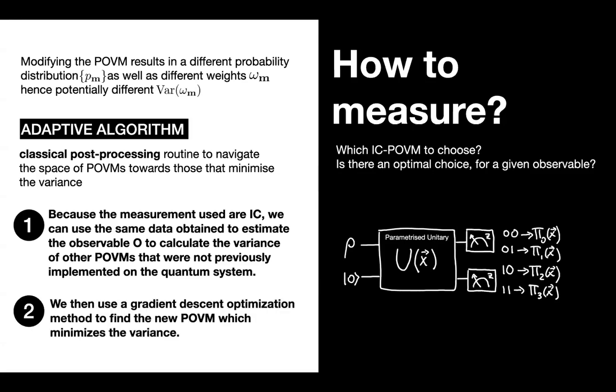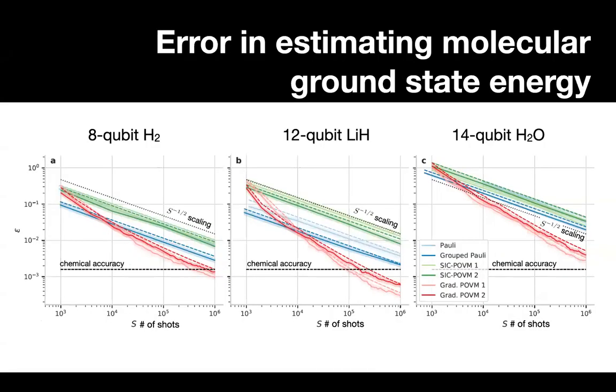So we use a gradient descent optimization method to find a new POVM which minimizes the variance. And in the next step, we implement the new POVM for the measurement and then repeat, okay? So this is the core. Obviously, this is made possible by the fact that we use informationally complete measurements.